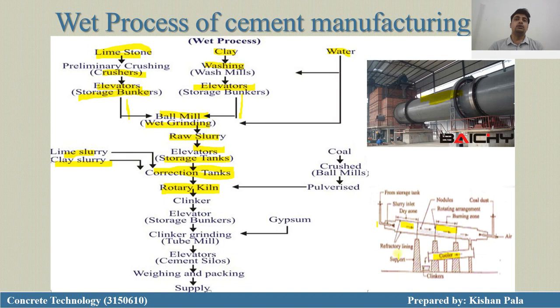The upper part of the rotary kiln is fed with the corrected slurry and allowed to pass to the dry zone, and then the carbon dioxide is evaporated and nodules are formed. These nodules pass through the burning zone, which is maintained at 1500 Celsius to 1700 Celsius, and then clinkers are formed.